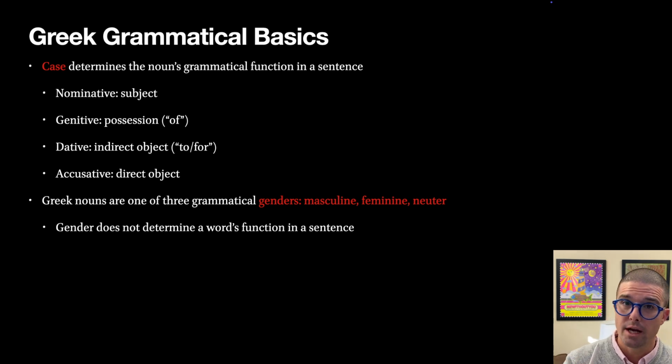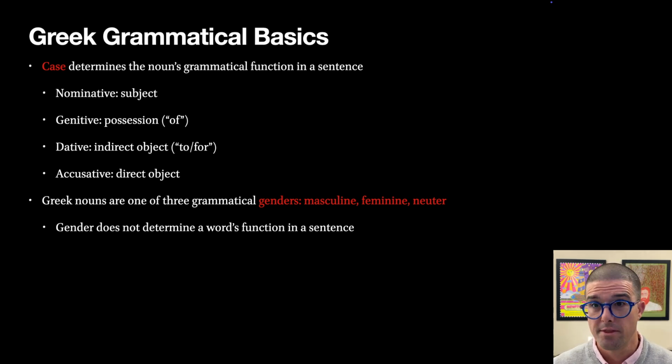A Greek noun will also change to reflect what gender it is in. There are three grammatical genders in Greek, and these are not directly equated with biological gender. That is to say, you could have something that we might consider male, or even a male entity, with a feminine or a neuter grammatical gender.